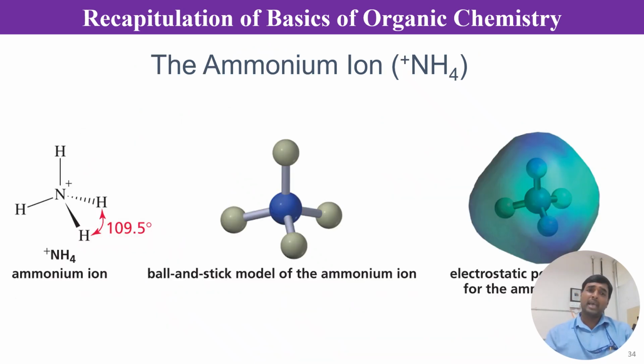But when we have ammonium ion, you can see that the lone pair of electrons is being provided to a proton, and both ammonia and ammonium ions are sp3 hybridized. But in ammonia, there is a lone pair of electrons that is part of the tetrahedron geometry, whereas in ammonium it is similar to the methane molecule, and the N-H bonds will be part of this tetrahedron geometry.